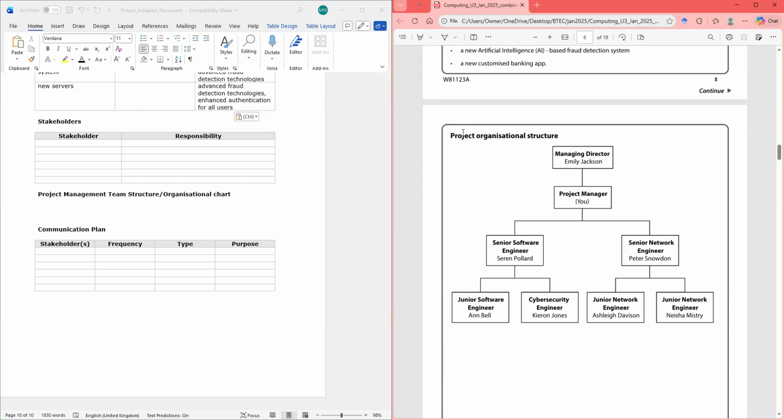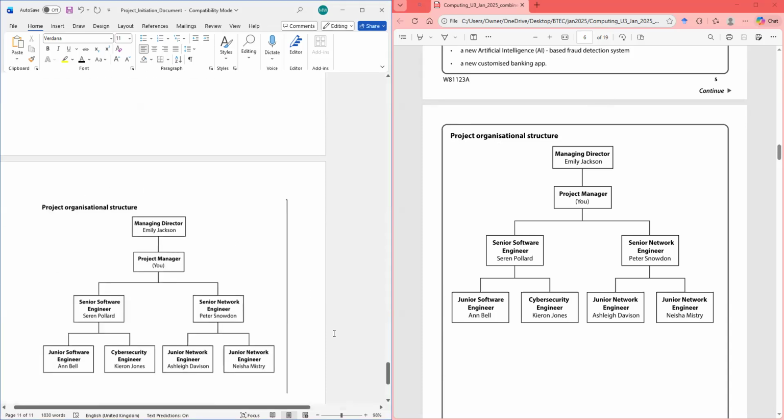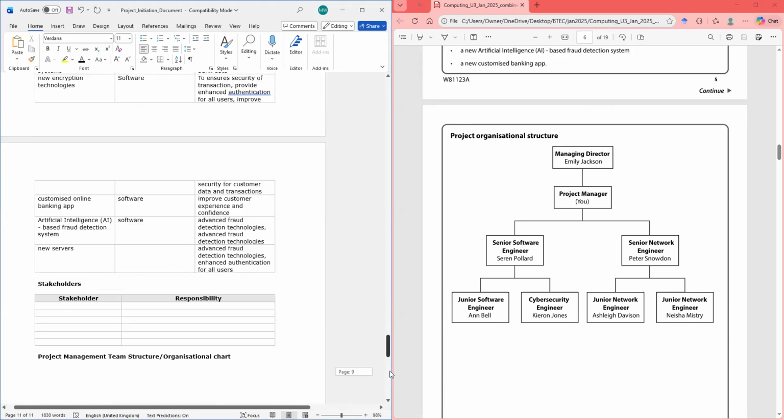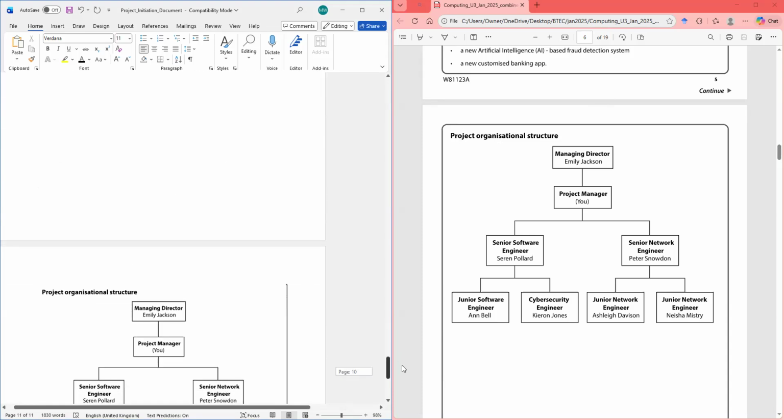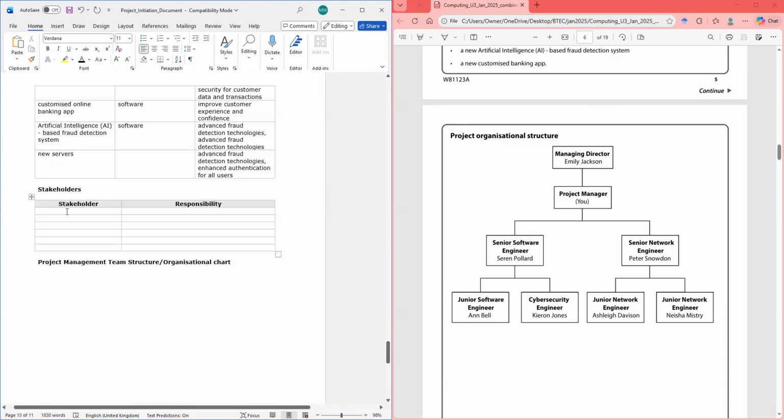So we're just going to copy it. Snippet tool. Just going to copy this. And we're going to just paste it. All right. And with that, we have who are our stakeholders.